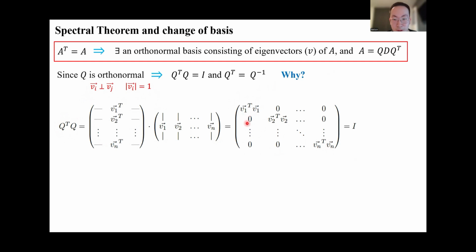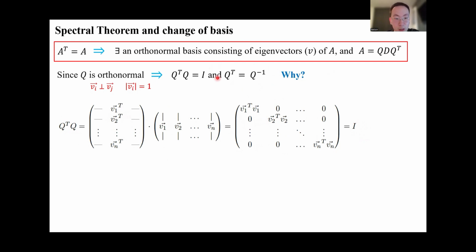For example, this 0 here is given by the transpose of vector v2 times vector v1. That is because they are orthogonal, so it is 0. And this matrix is just the identity matrix. Because Q is invertible, we can move the Q to the right side, and it gives us this expression: Q transpose equals the inverse of Q.